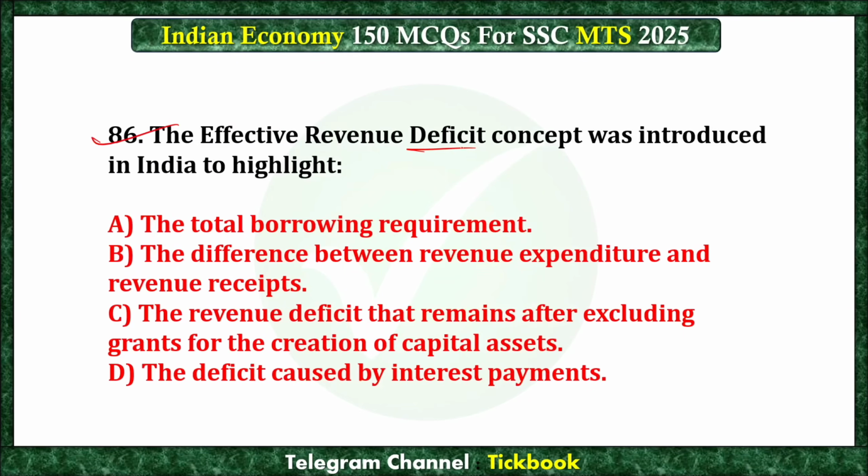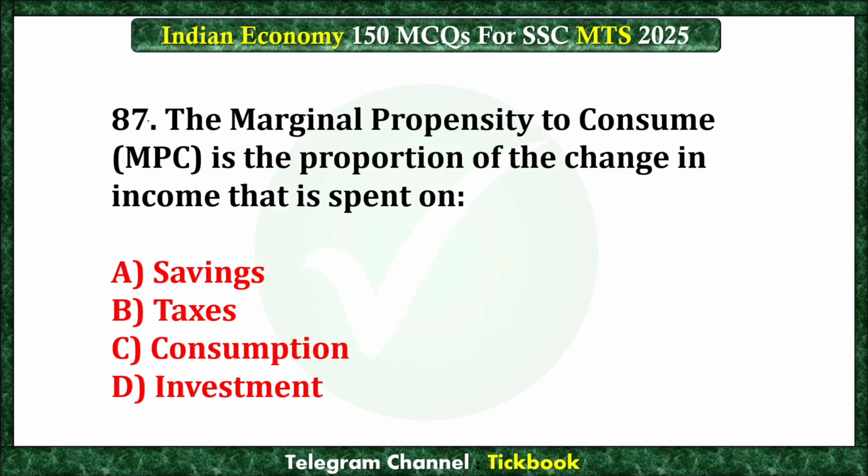86. The effective revenue deficit concept was introduced in India to highlight the revenue deficit. Number C, the revenue deficit that remains after excluding grants for the creation of capital assets. 87.